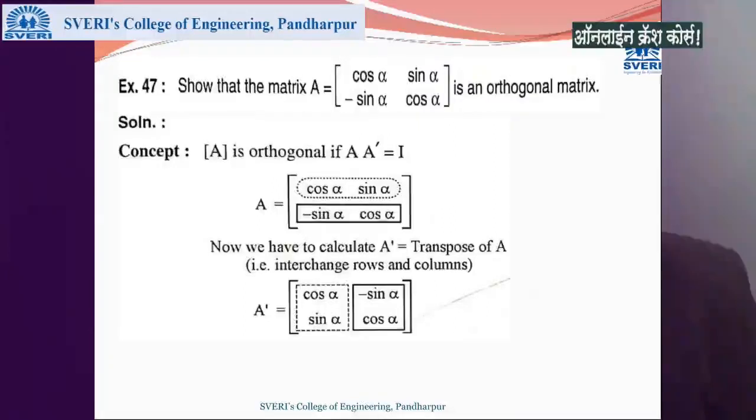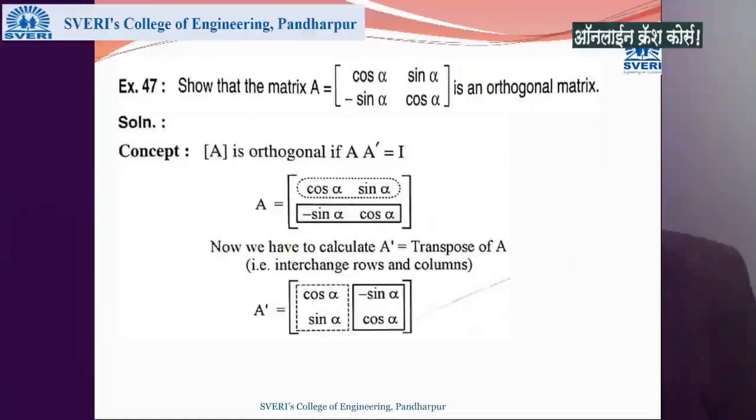Then R1 C2: cos alpha into minus sin alpha plus sin alpha into cos alpha. One term is positive, one term is negative, so it gives 0. Similarly, R2 into C1: minus sin alpha into cos alpha plus cos alpha into sin alpha. Again one term is positive, one term is negative, so it gives 0.